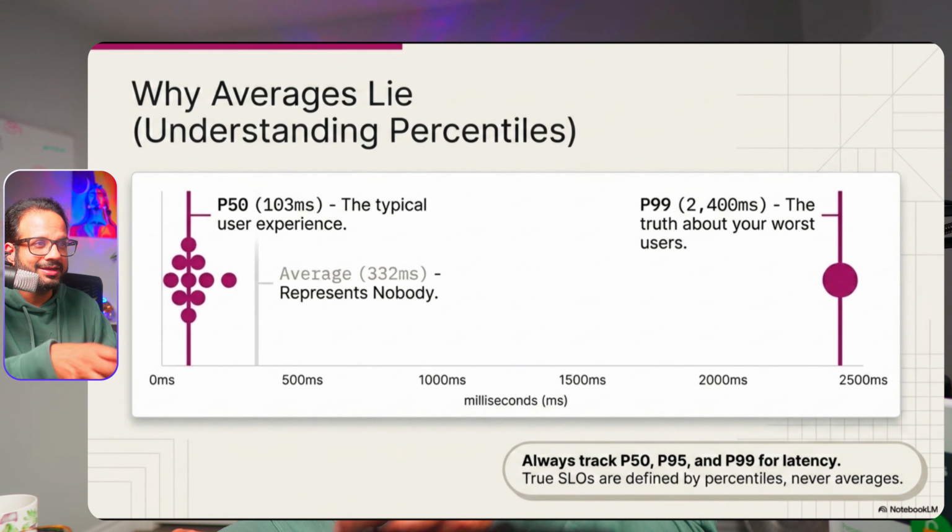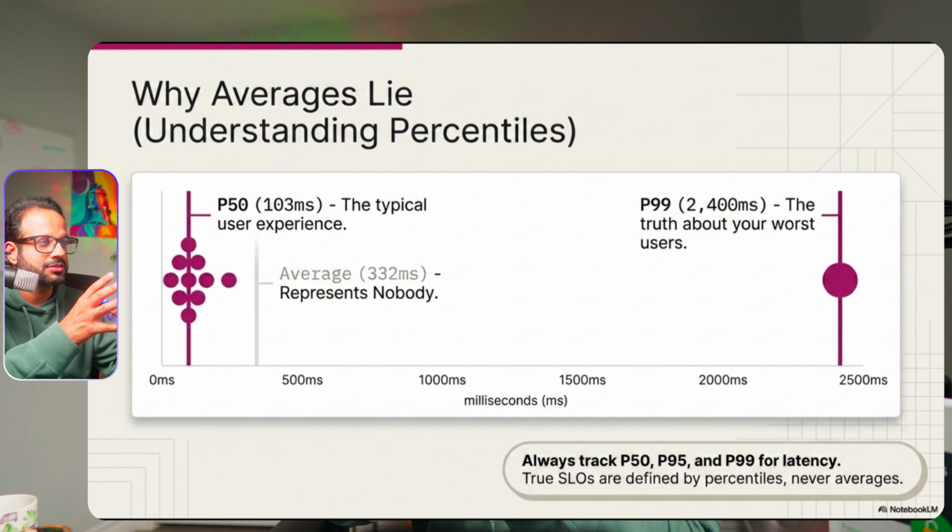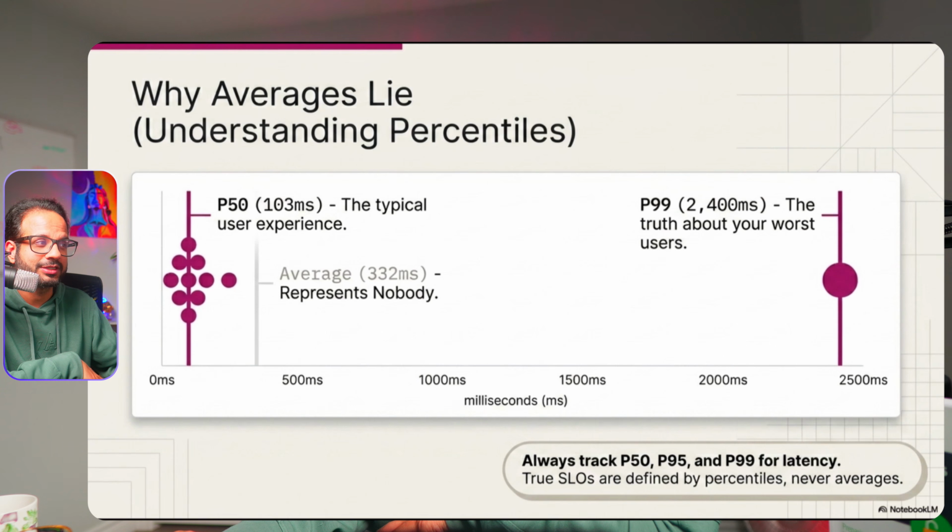So P99 gives you the better picture. So let's say your 1% users who were getting the latency hit. Now out of those 1% users, what is the average latency for those users? That comes to 2400 microseconds. Now with average it was coming as 332, and with P50 it was coming as 103. But this shows the real picture.